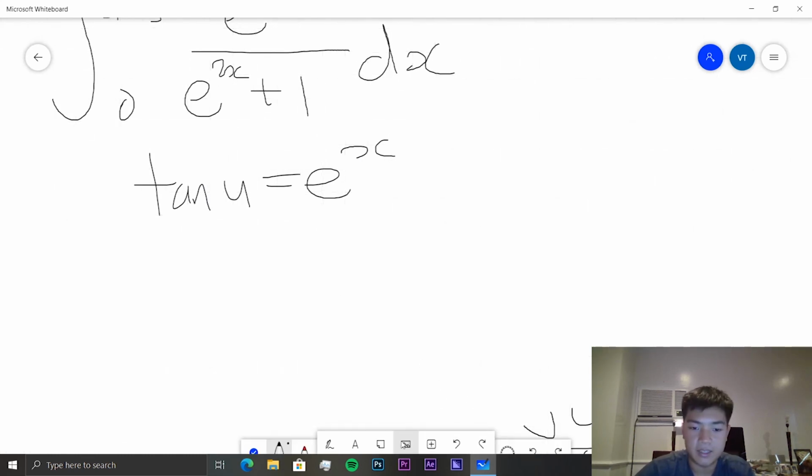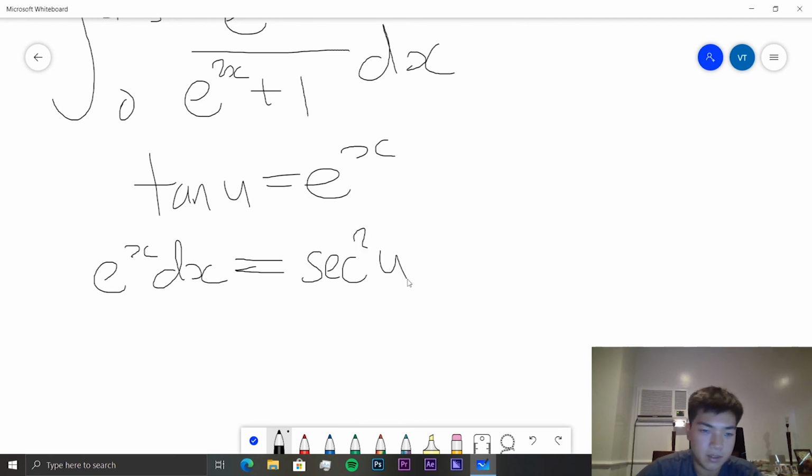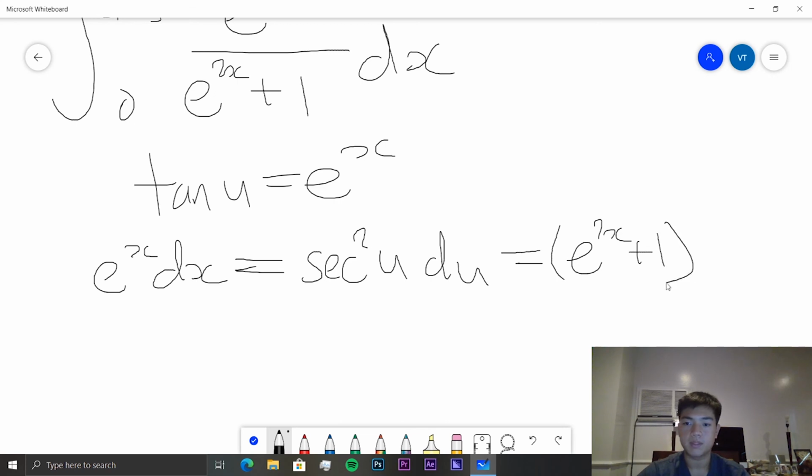Then e to the x dx is equal to secant squared u du, and secant squared u is also equal to e to the 2x plus 1, because this is tangent squared u plus 1, so it's e to the 2x plus 1.